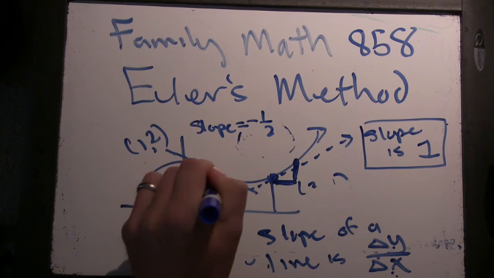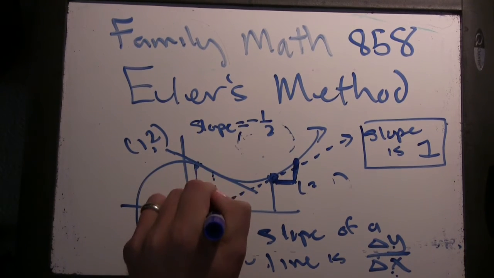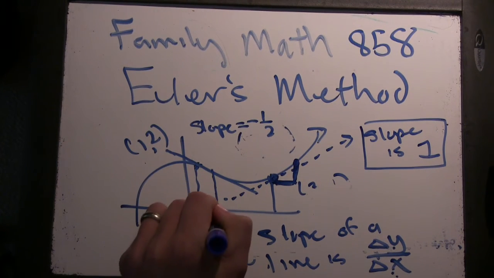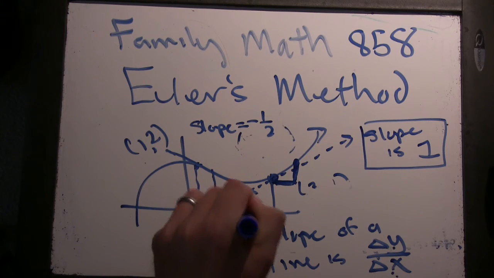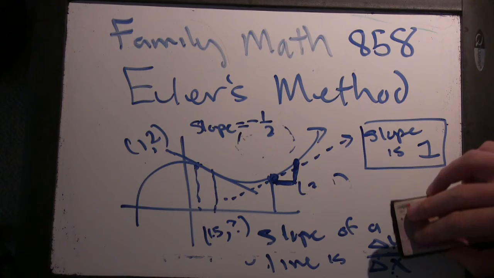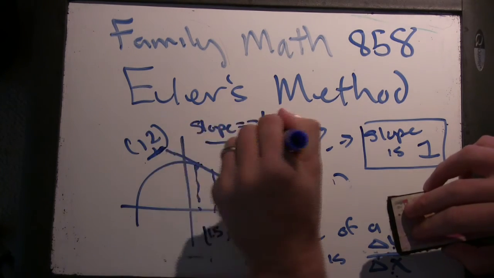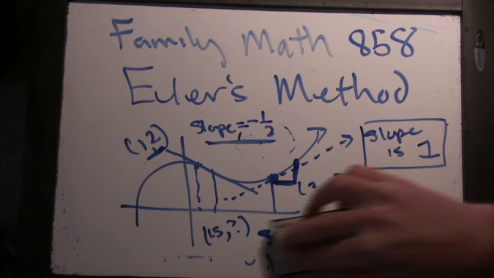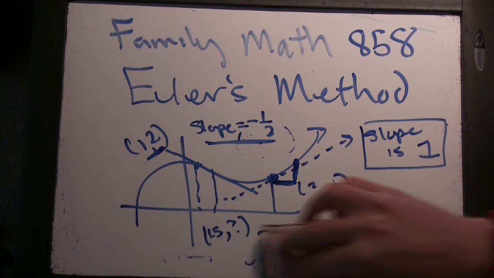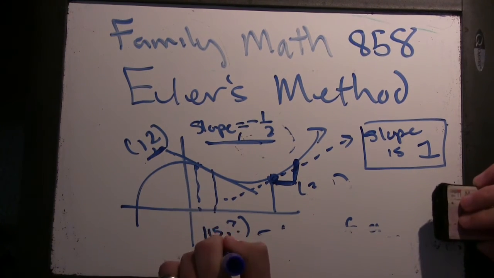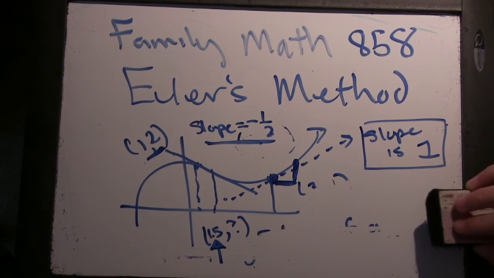So I'm at the point (1, 2), and to make it even a little bit more challenging, where would we expect to be at the point 1.5, comma what? I know I'm at the point (1, 2), and the slope is -0.5. So where do I expect to be roughly when I go over to the point 1.5?